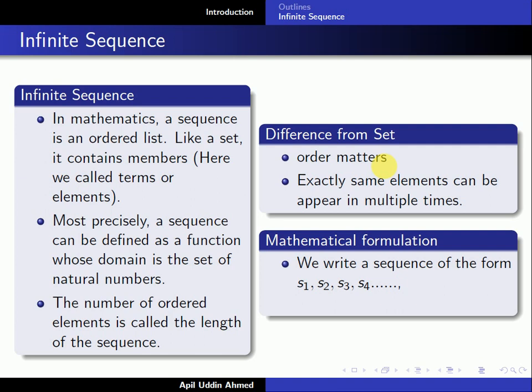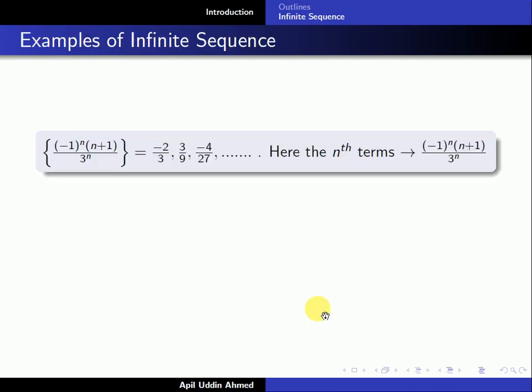Now mathematically we write a sequence of this form: S1, S2, S3, S4, like this, where S1 is called the first term, S2 is called the second term, S3 is called the third term, and so on, and we denote it by this. Here we consider some infinite sequence, a sequence of this form.